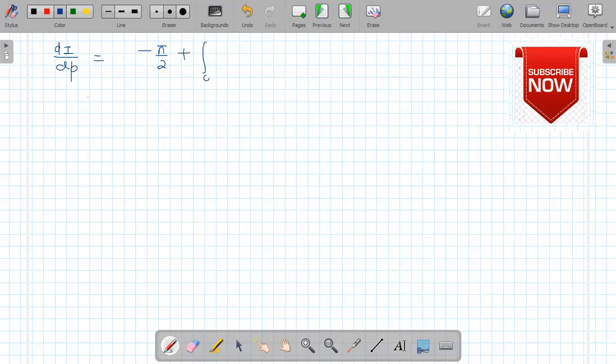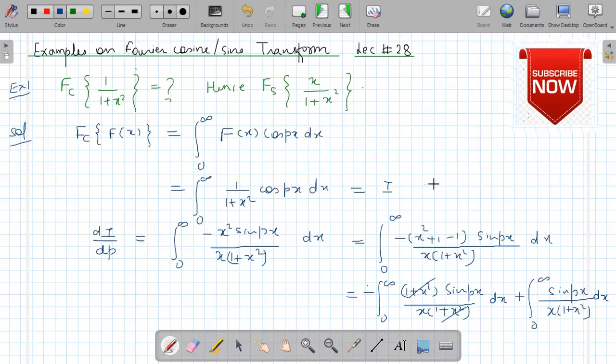Plus integral 0 to infinity sine px over x into 1 plus x square. Now we again differentiate this equation. Mark this as equation number 2 and this as equation number 1.